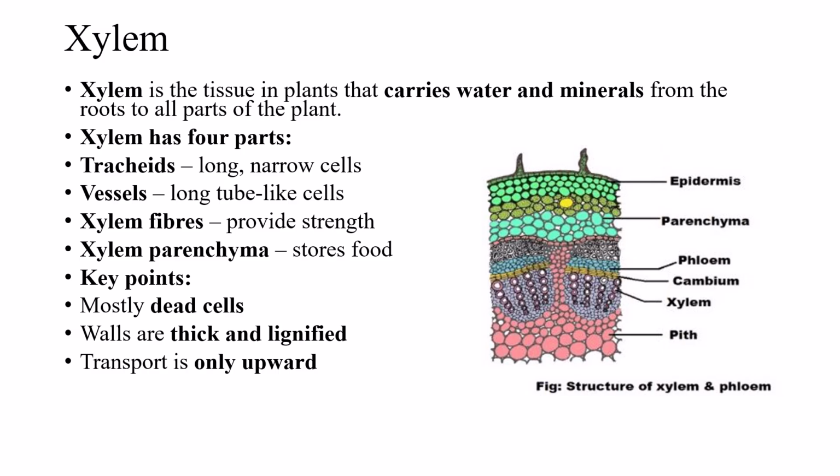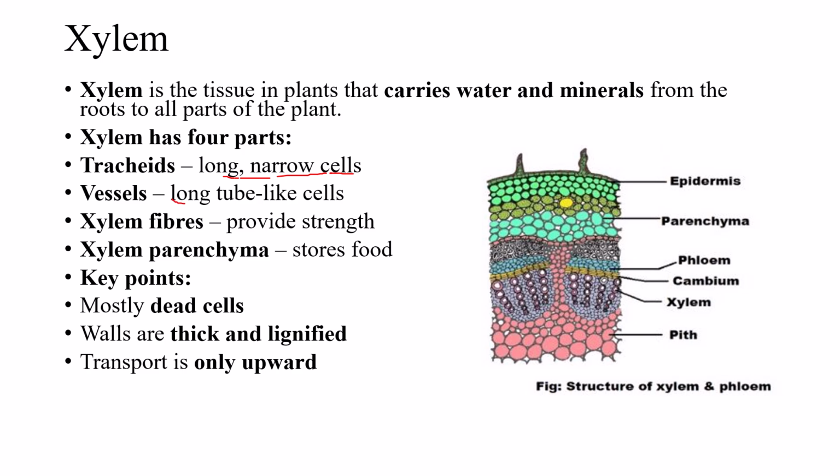Xylem has four parts: tracheids, vessels, xylem fibers, xylem parenchyma. Now let's see tracheids. They have long and narrow cells. So there are four different tissues present in xylem. Okay, xylem is a single tissue which has other tissues present.